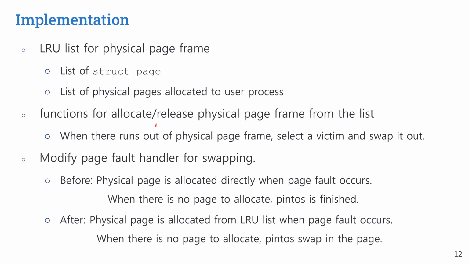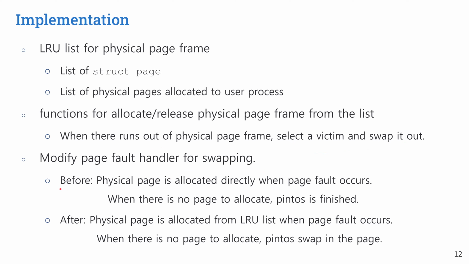You should implement functions to allocate and release physical page frames from the list. When there are no more physical page frames available, you should select a victim by your algorithm like LRU or second chance, swap it out, and reload the demanded page. And you should modify the page fault handler for swapping.